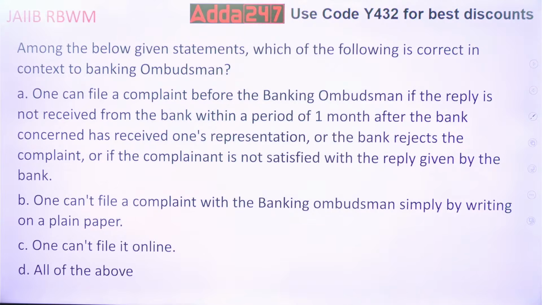What about B? One can't file a complaint with banking ombudsman simply by writing on a plain paper. And C: one can't file it online, and all of the above. So which of them is correct? The answer is only A, because B is wrong.